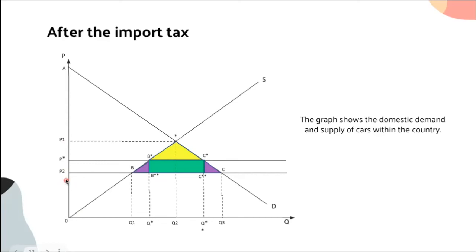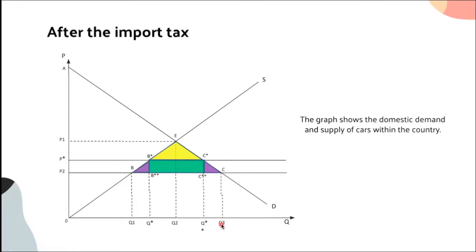Consumers increased their consumption from Q2 to Q3. Manufacturers reduced production from Q2 to Q1, and the total welfare increased by the big triangle area, and the volume of imported cars is Q1 to Q3.